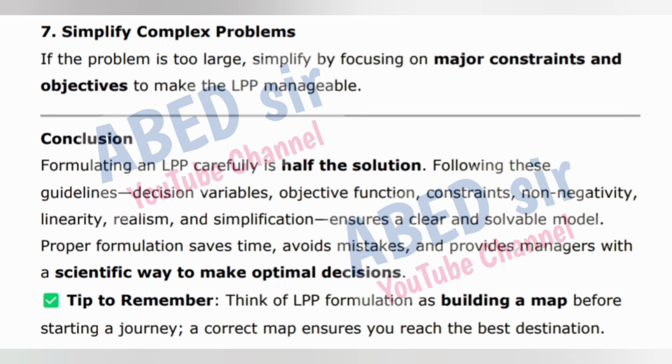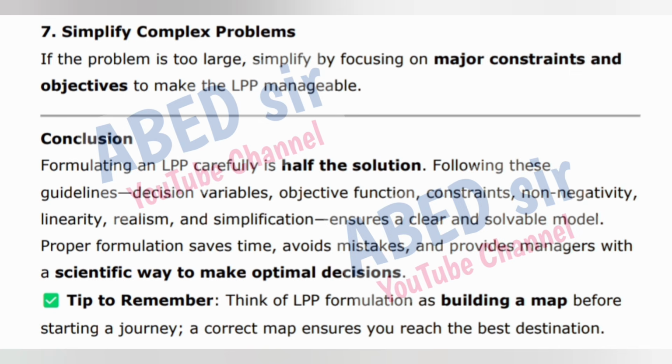7. Simplify complex problems. If the problem is too large, simplify by focusing on major constraints and objectives to make the LPP manageable. Conclusion: formulating an LPP carefully is half the solution. Following these guidelines: decision variables, objective function, constraints, non-negativity, linearity, realism, and simplification ensures a clear and solvable model.